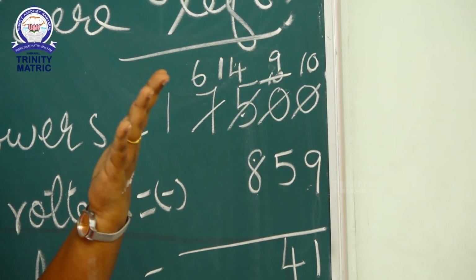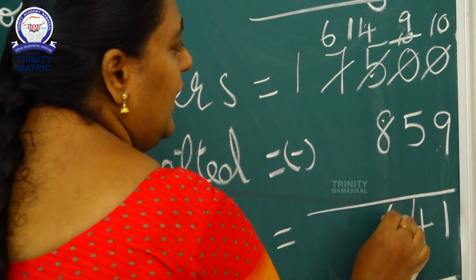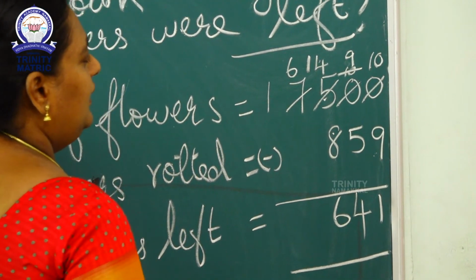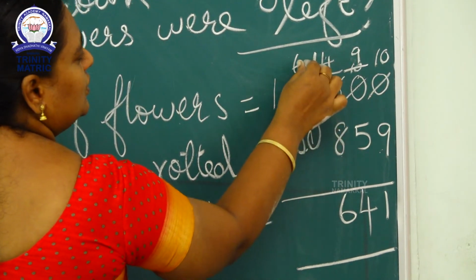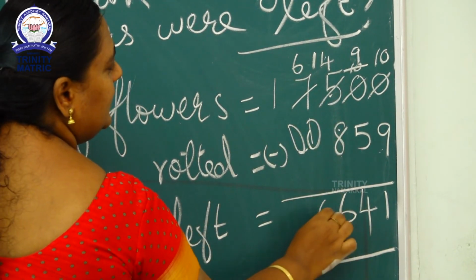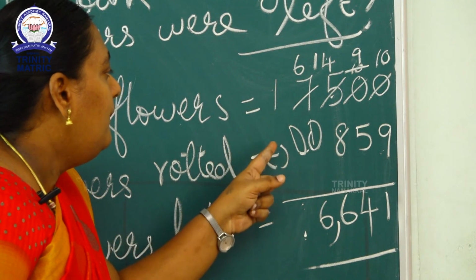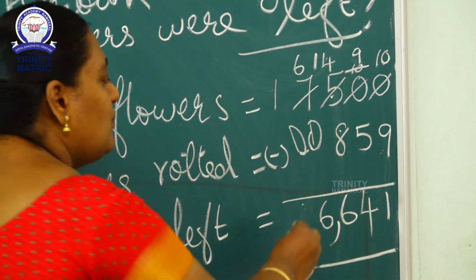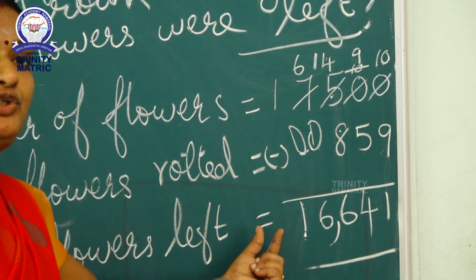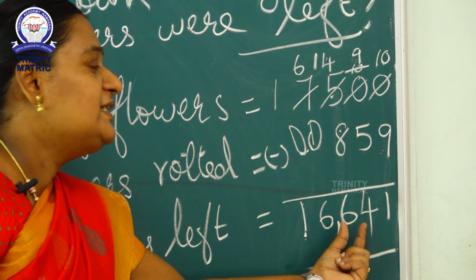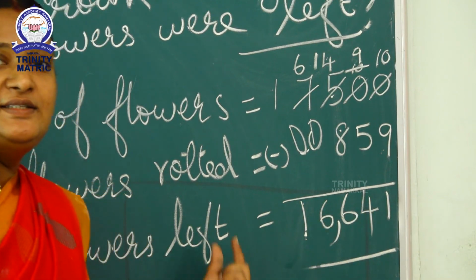How many fingers do we have? 6. So 14 minus 8 is 6. Now here are no digits, so you put 0. So 6 minus 0 is 6. Now 1 minus 0 is 1. So the number of flowers left equals 16,641. This is the answer.